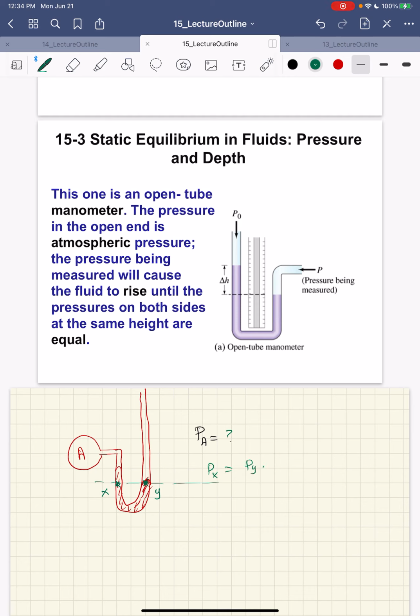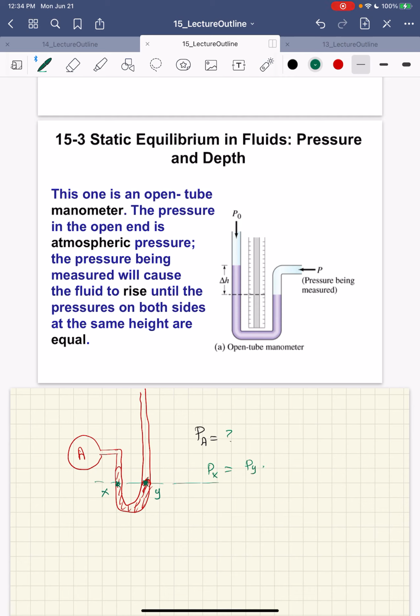Of course here, as I did with the manometer, the pressure of A should equal the pressure of B. Any two points on the same level are going to have the same pressure.